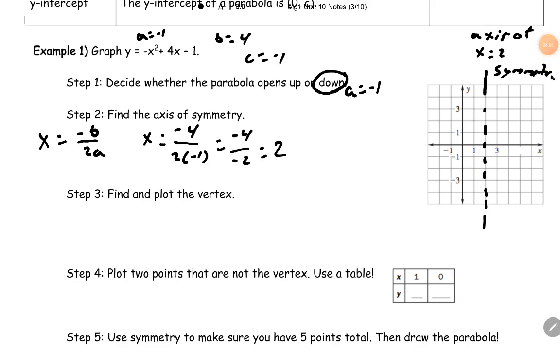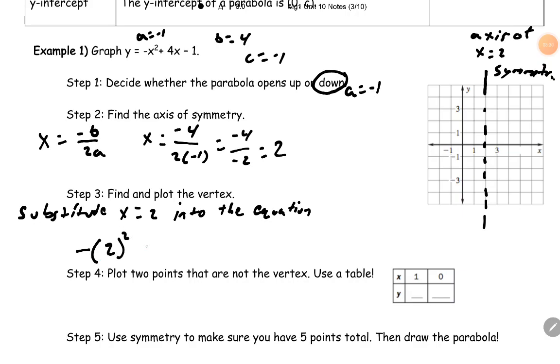Okay, now we got to find and plot the vertex. We're going to go ahead and substitute x equals 2 into the equation. So negative, and then parentheses x squared, so 2 squared, plus 4 times 2 minus 1.